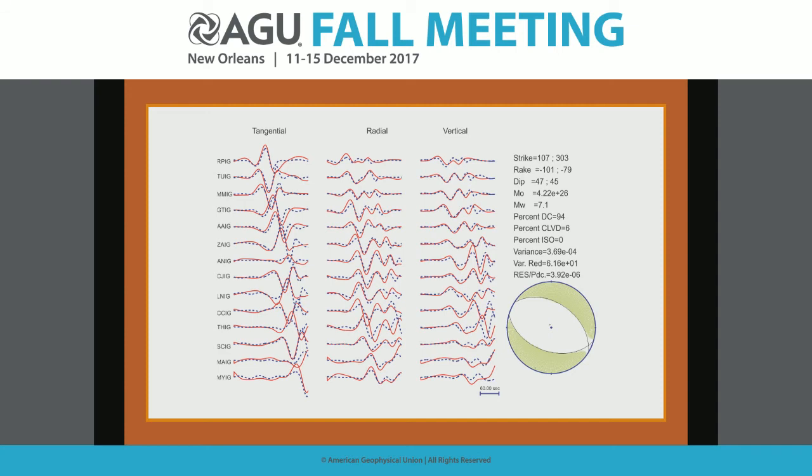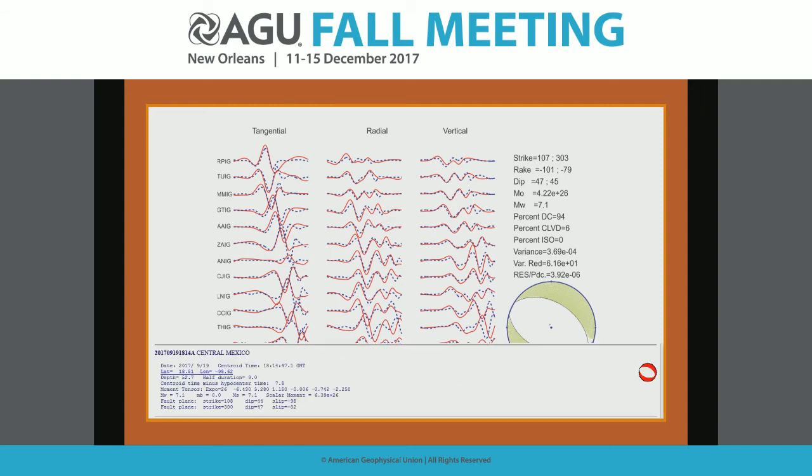And here are the fits and the obtained focal mechanism. The mechanism is quite similar to the one obtained by Global CMT using teleseismic data. The fault planes are very similar, and the scalar moment is also in the same range.